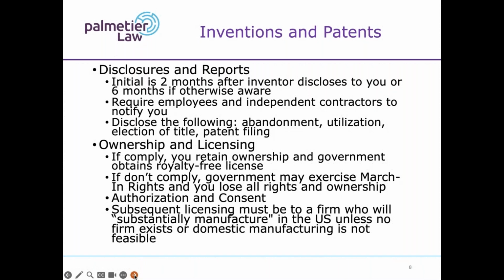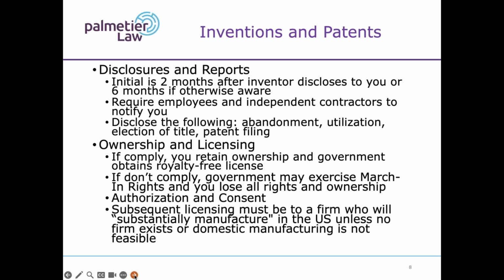Disclosures and reports. Okay, so to protect your patent, if you have an invention that is patentable, you must follow this process. If you do not follow this process, the government can take ownership of your invention and patent and leave you without any license. So follow this process.